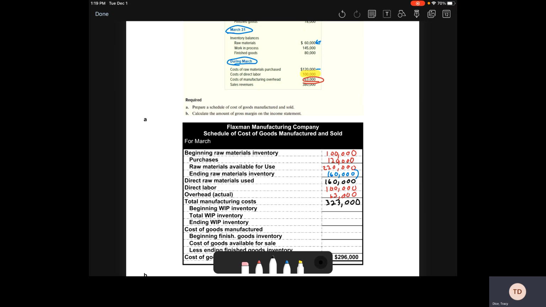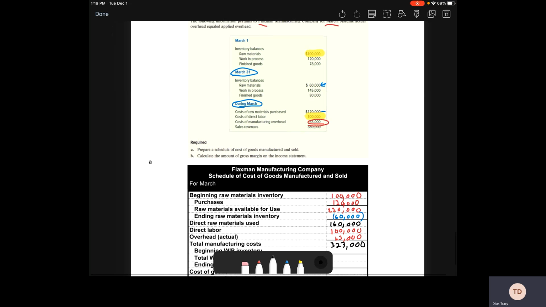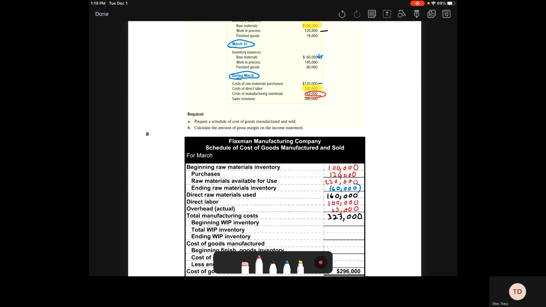So we look at our beginning work in process inventory. How much did we have in process at the beginning of the month? We had 120,000 in process. When we add those two together, we end up with $443,000 for our total work in process inventory.